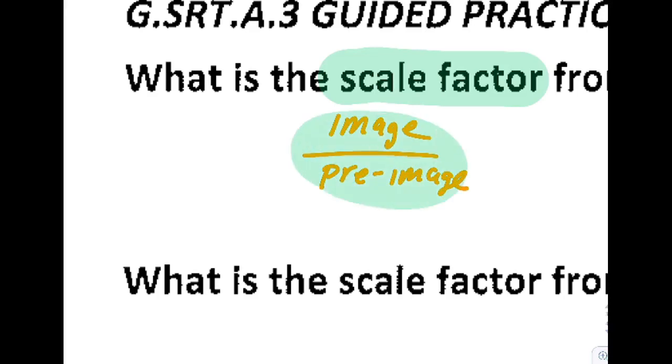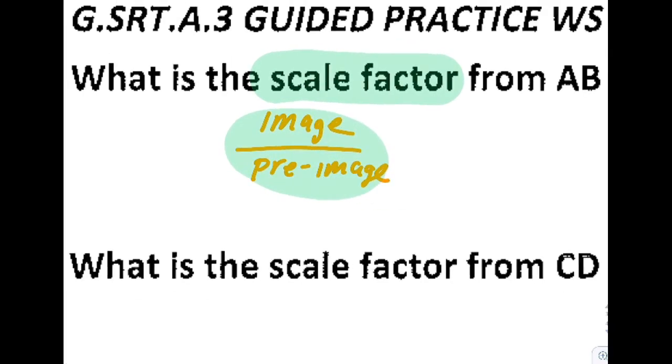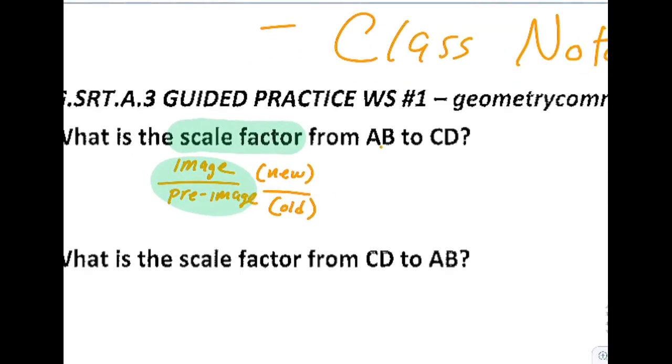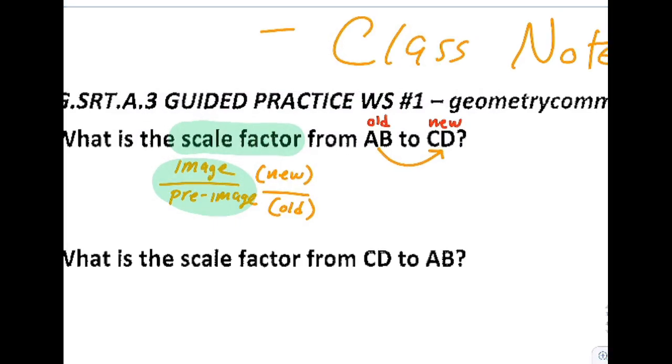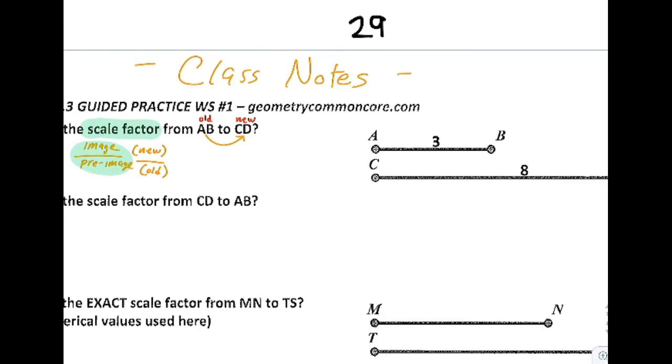The scale factor is image over pre-image, which basically means the new one over the old one. So if you're going from AB to CD, then that's got to be old and that's got to be new. So wherever you go to is your newer place, and wherever you came from is your older place.